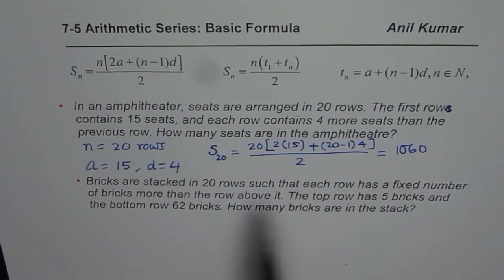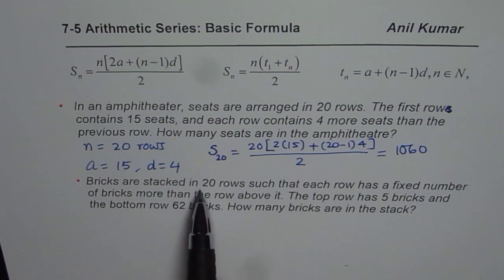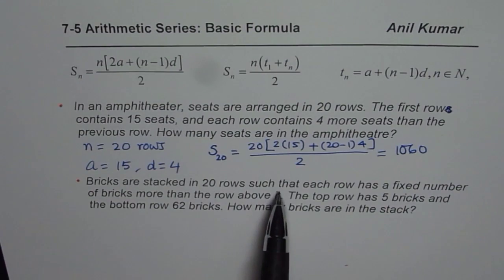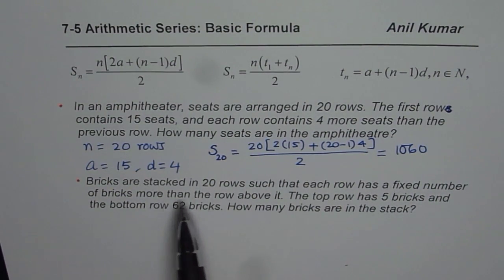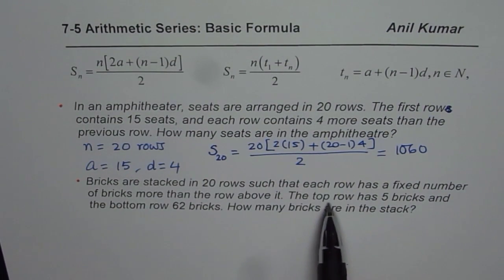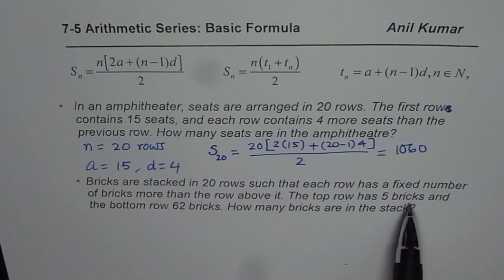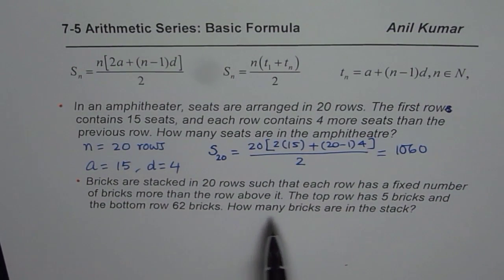Now let's look into another application question, which is: bricks are stacked in 20 rows such that each row has a fixed number of bricks more than the row above it. The top row has 5 bricks and the bottom row has 62 bricks. How many bricks are in the stack?